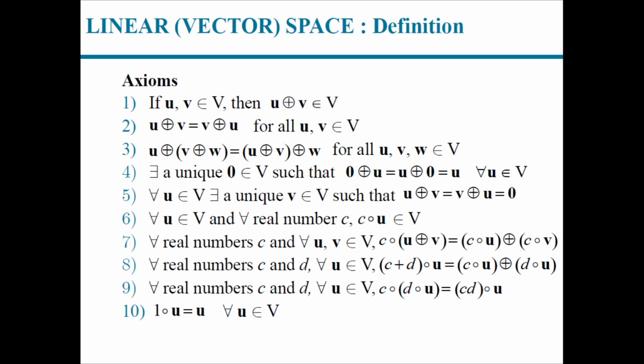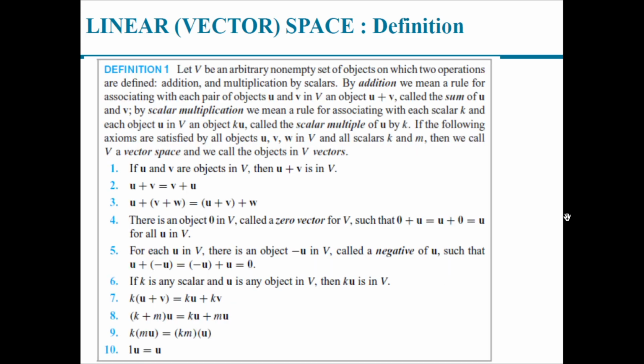This is just a list for you to be aware of what the conditions are. And again, the two important ones are addition, which is called closed under addition, and multiplication by a scalar, which is called closed under multiplication. This is another way of saying the same thing with a lot more words.